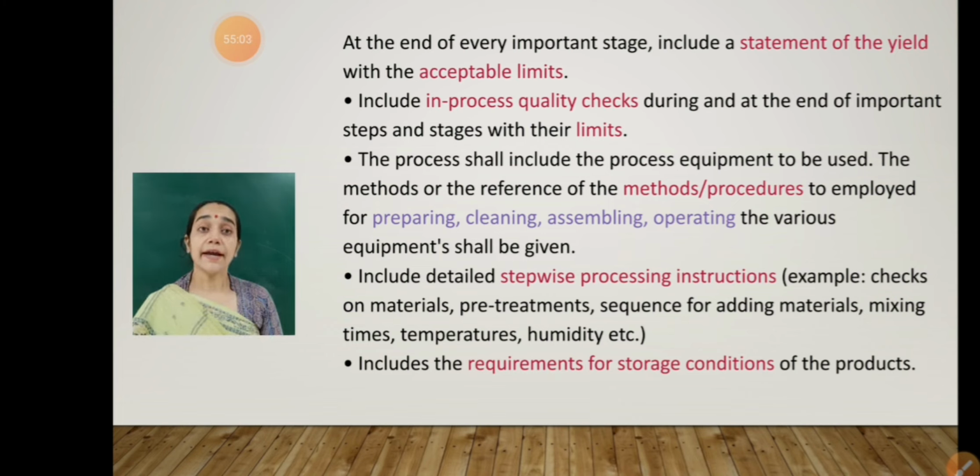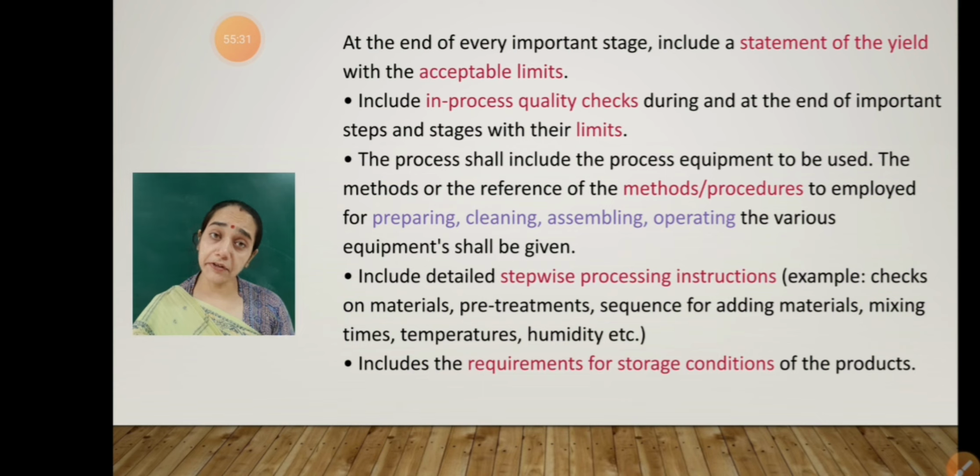As well as it should include in-process quality checks during and at the end of the important steps and stages with their limits. As we are manufacturing a product, the in-process quality checks should be there, and they should be done at different levels.